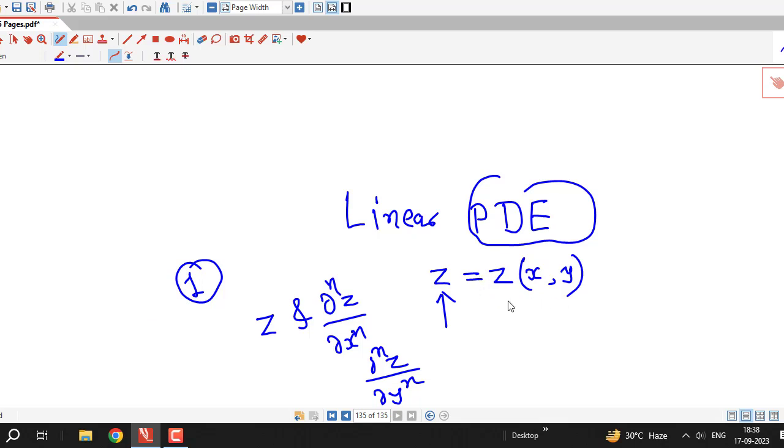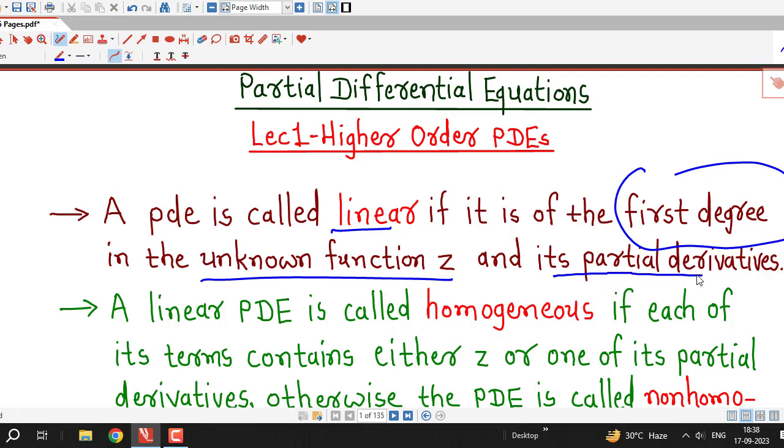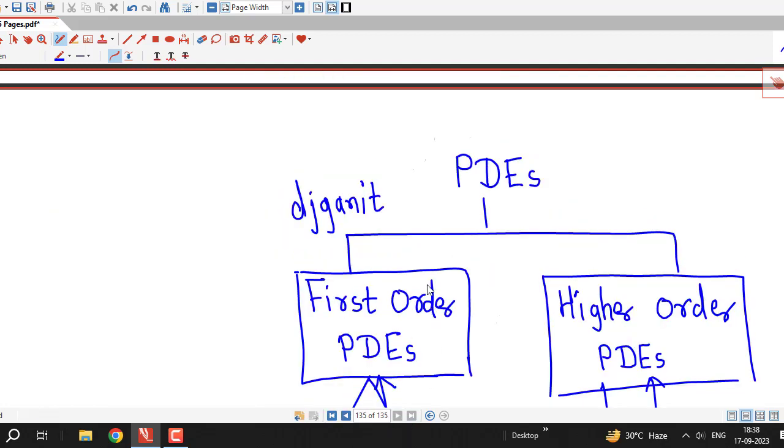And that we can generalize for function of n variables also. So a partial differential equation is called linear if it is of the first degree in the unknown function z and its partial derivatives. So remember this definition, and our focus in higher order partial differential equations will be on linear differential equations only.